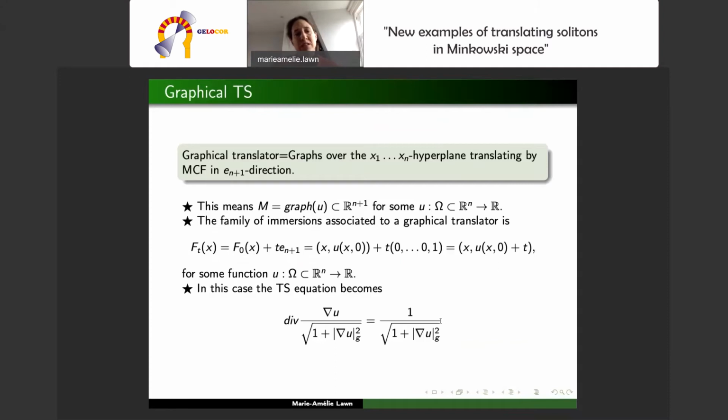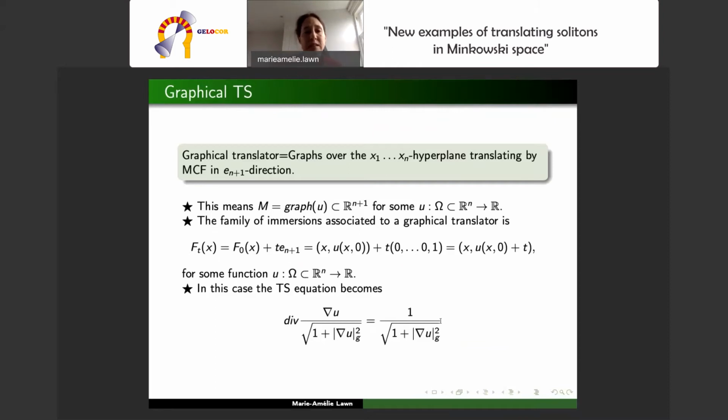So now, in order to make our study a little bit easier, what we're going to look at today are graphical translators. So translating solitons which can be written as a graph over the horizontal plane. Remember, we're moving in the vertical direction, and we look at graphs over the horizontal hyperplane.